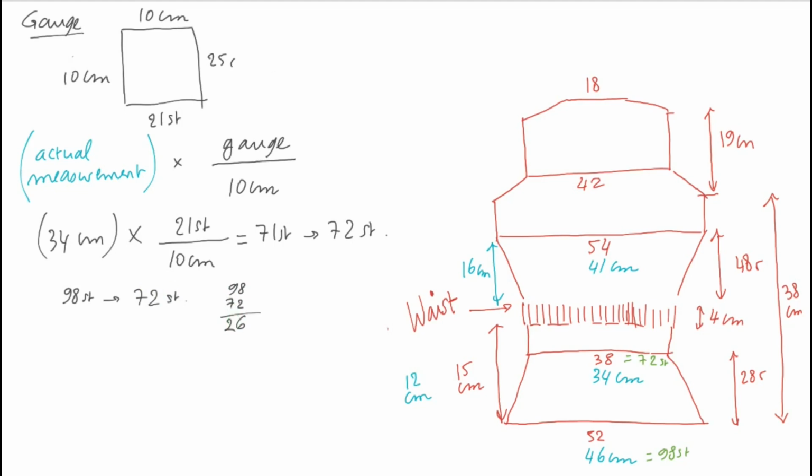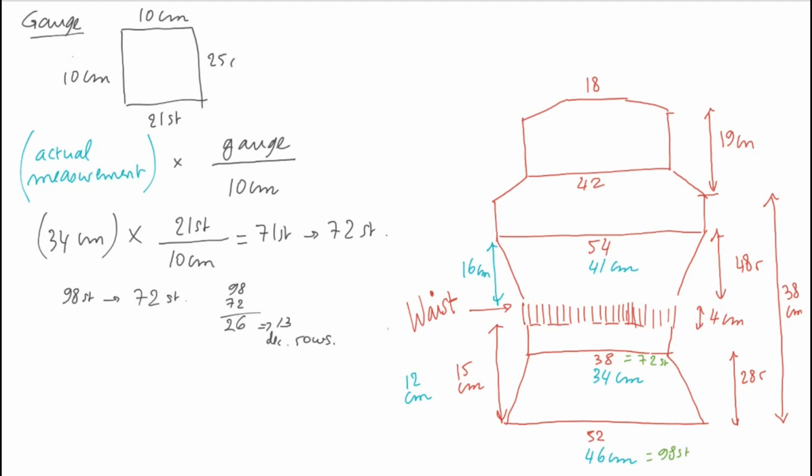So how many decrease rows? Because a decrease row is going to decrease one stitch on each end of the row, so each row is 2 stitches down. So this translates into 13 decrease rows. We must find out over how many rows. How many rows do I have to make this happen, to work those 13 decrease rows?